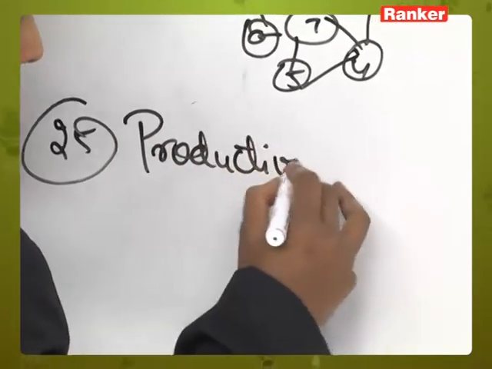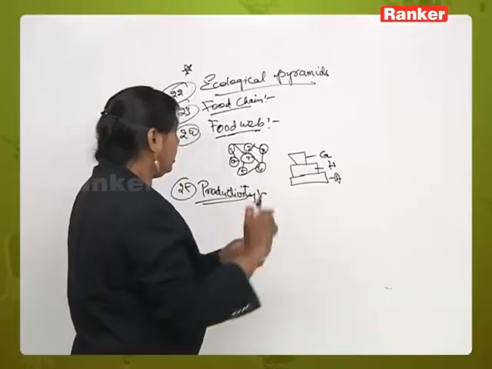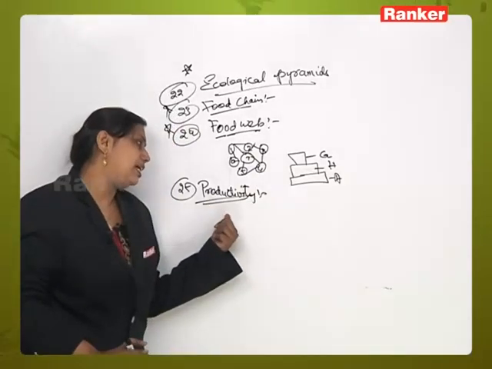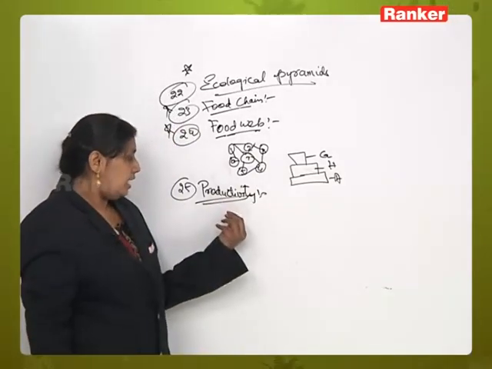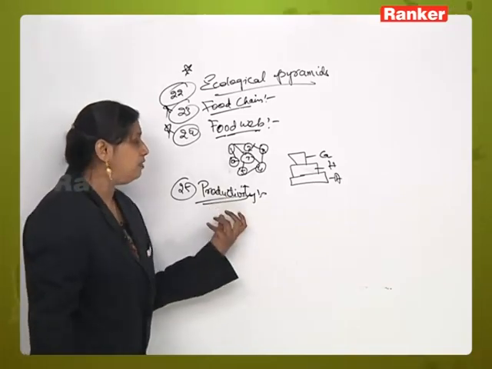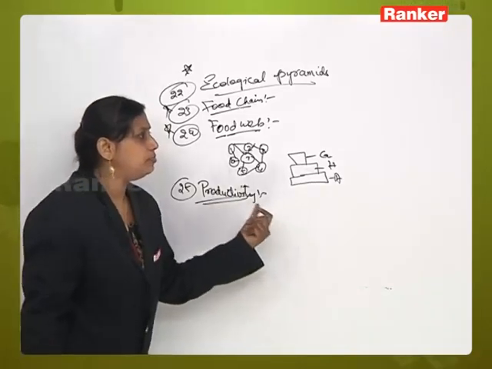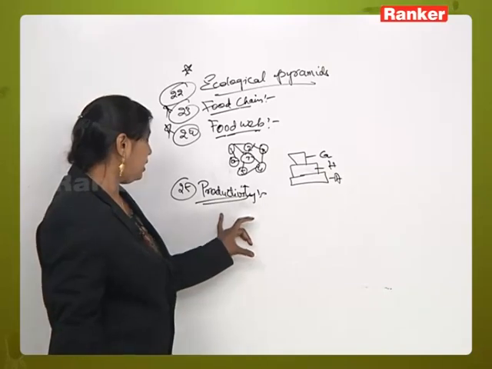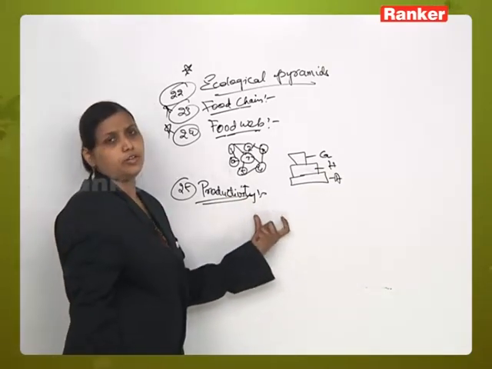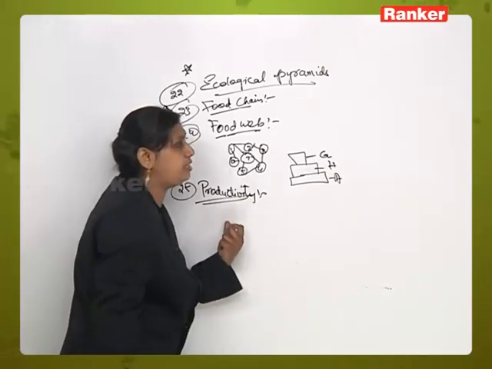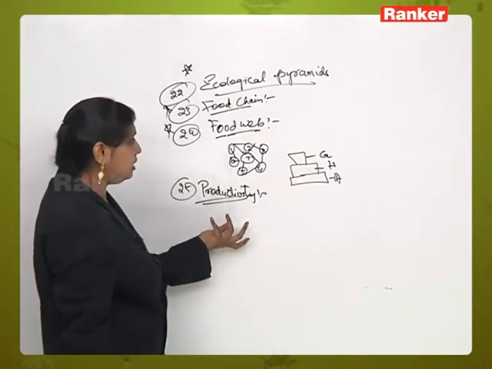Now productivity. The amount of organic matter accumulated in the living components of the ecosystem, referred to in unit time, is called productivity.